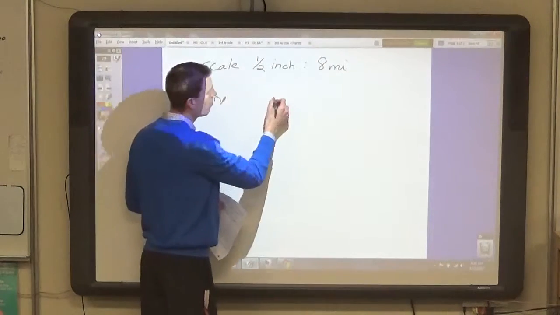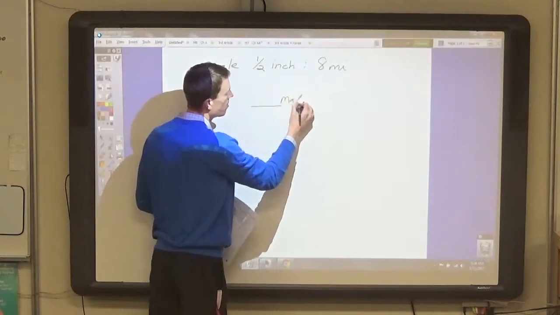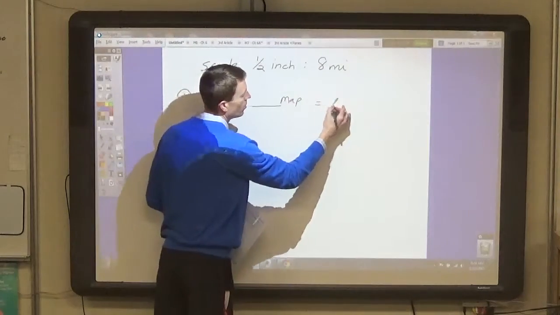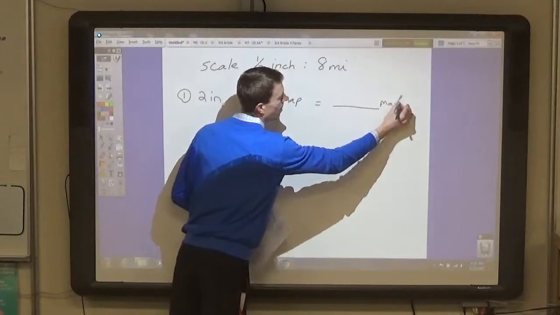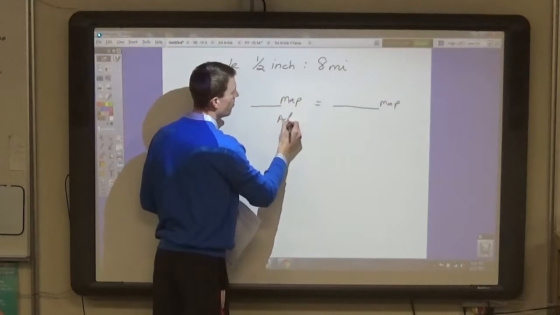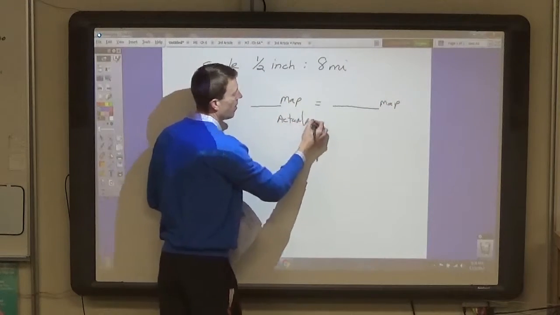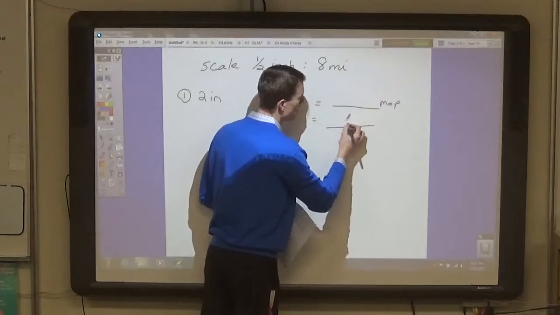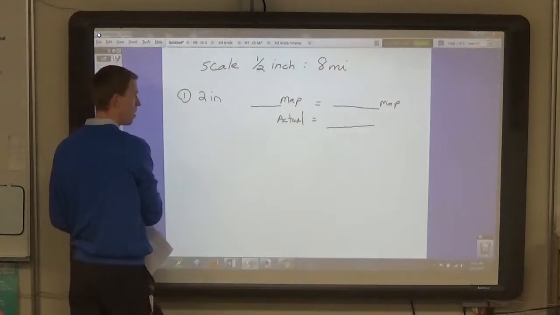And remember, we're going to write the proportion so that the map distance is equal to the other map distance, and the actual distance will be on the bottom line, and that will be equal to the other actual distance.